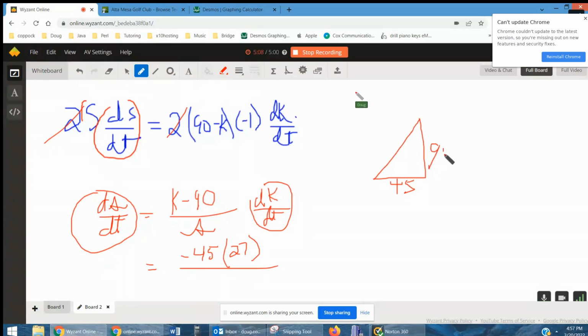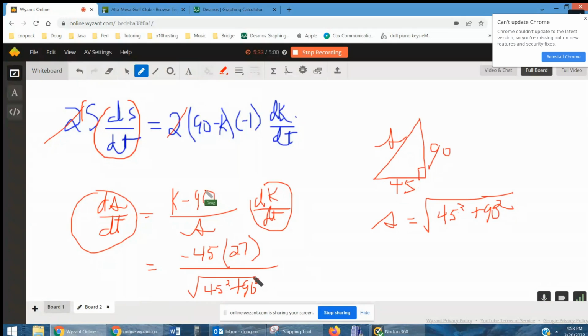This is still 90. It was a constant. This is S. So S equals the square root of 45 squared plus 90 squared. Pythagorean theorem. Okay, so that's what goes here. Square root of 45 squared plus 90 squared.